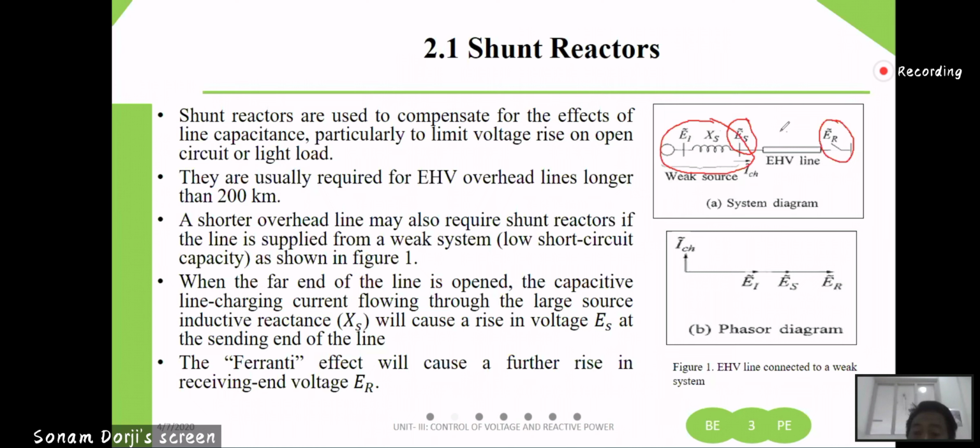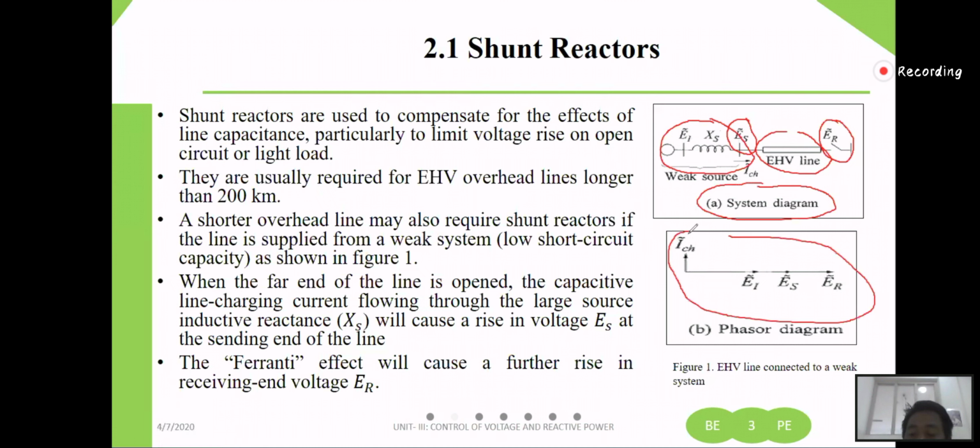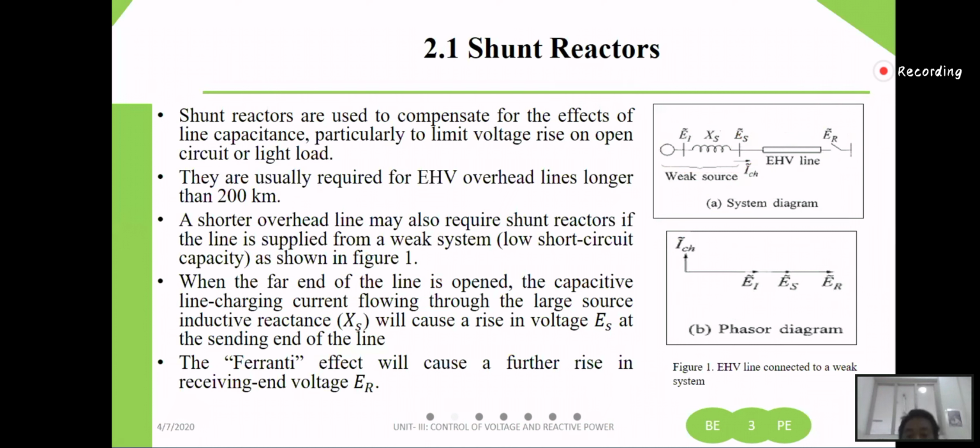Then if there is a Ferranti effect, the receiving end voltage will be greater than the sending end voltage. This is a system diagram, and I am explaining it. Then this is a phasor diagram, which you can draw.